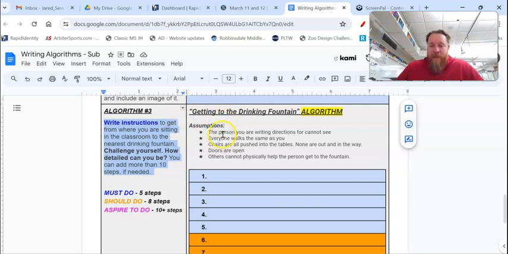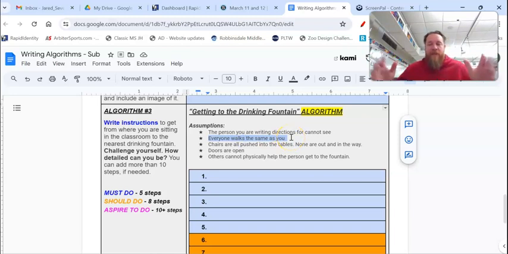So a couple assumptions again that we're going to make as you're writing these directions. The person you're writing directions for can't see. So you can't just say go to the door, open the door, walk out. They don't know where the door is. They can't see that. Everyone walks the same as you, so if you take long strides, everybody else takes those same strides.